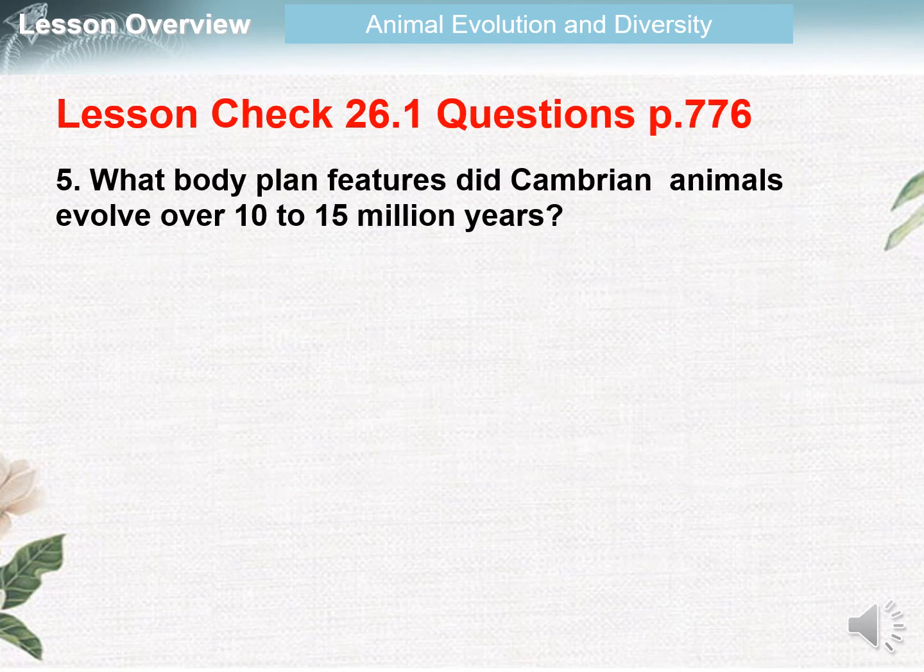Now let's have the lesson check questions from lesson 1 found on page 776. Let's have number 5. What body plan features did Cambrian animals evolve over 10 to 15 million years?